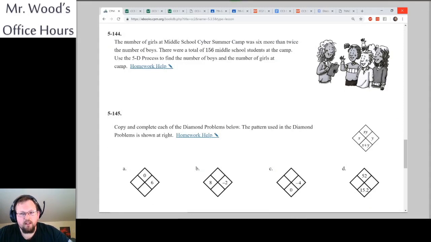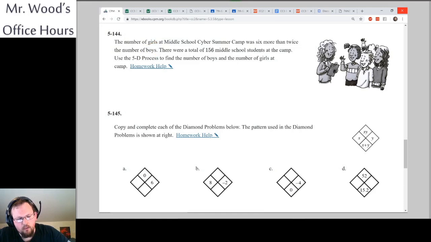I personally, like I suggested before, if you can get away without using the 5D process, then do it. There are other effective ways to do that, and what you can do with this is, you know that it talks to you about number of girls and number of boys.